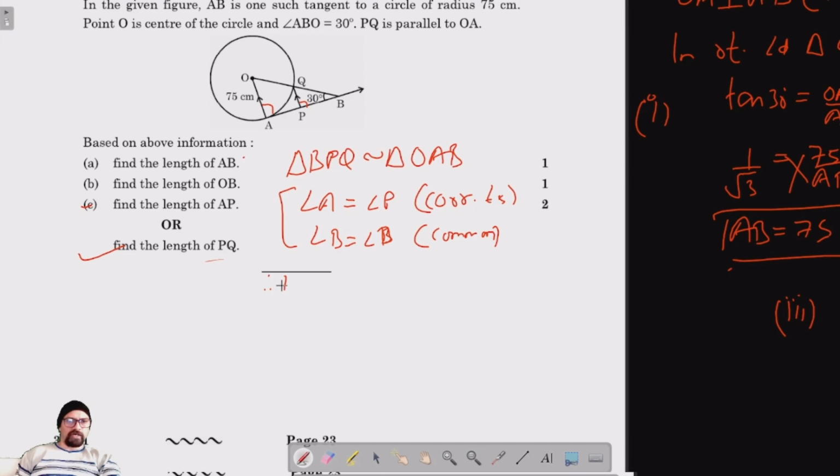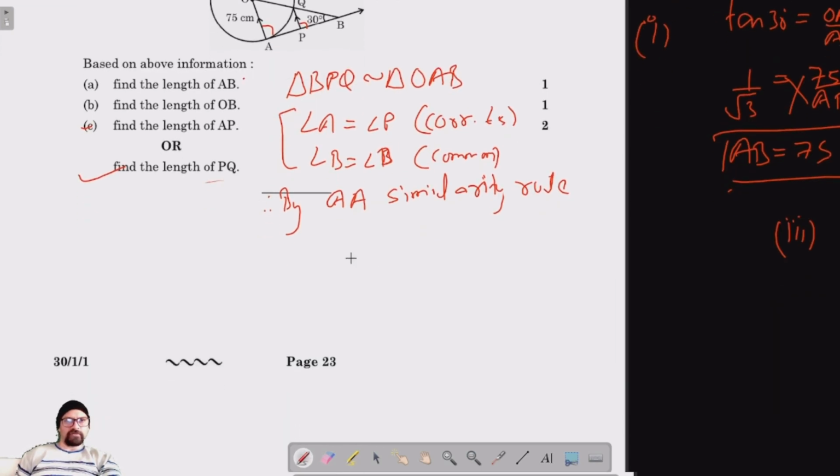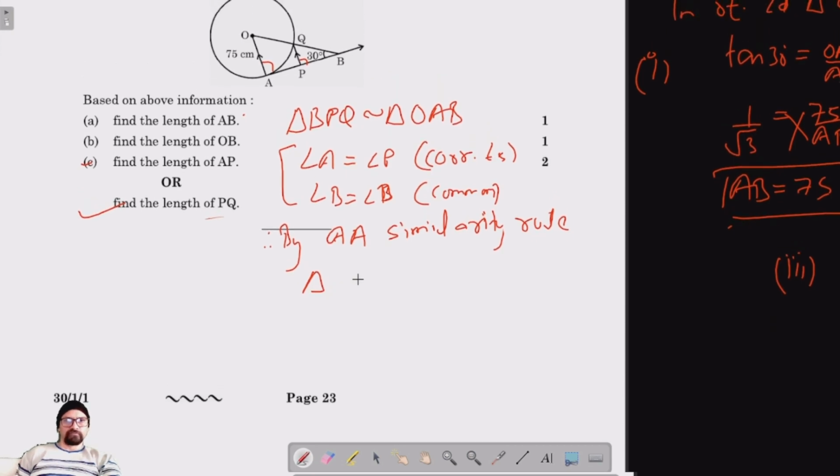So by the similarity rule, let's write them in symbolic form.